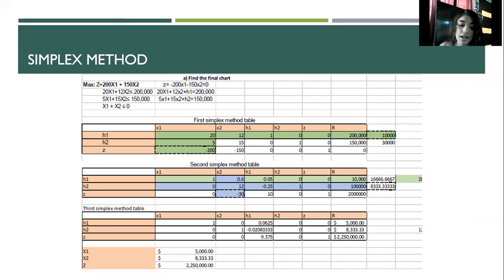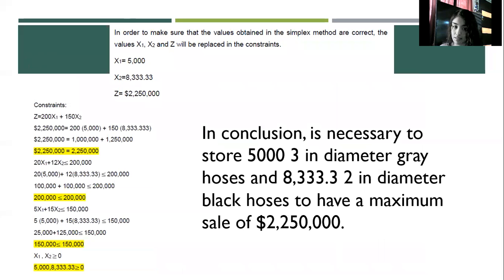And as you can see there, x1 equals 5,000, x2 equals 333.3, and c is 2,250,200.